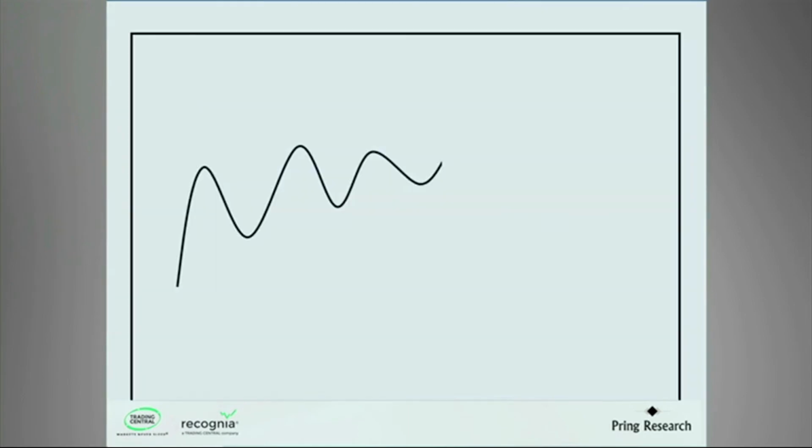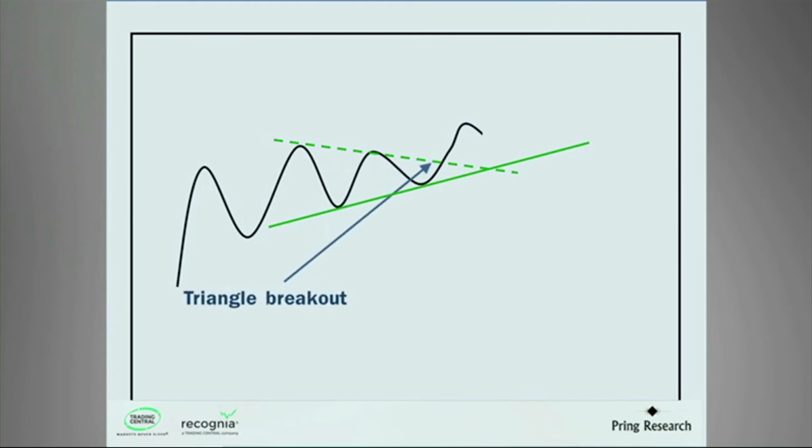One of the reasons for failure is that symmetrical triangles, for example, morph into something else, or put another way, a lot of patterns start off as triangles but turn into another formation. Here we see a perfectly good breakout from a triangle. However, as time progresses, the price breaks down from what turned out to be a bearish, upward-sloping, complex head and shoulders top.